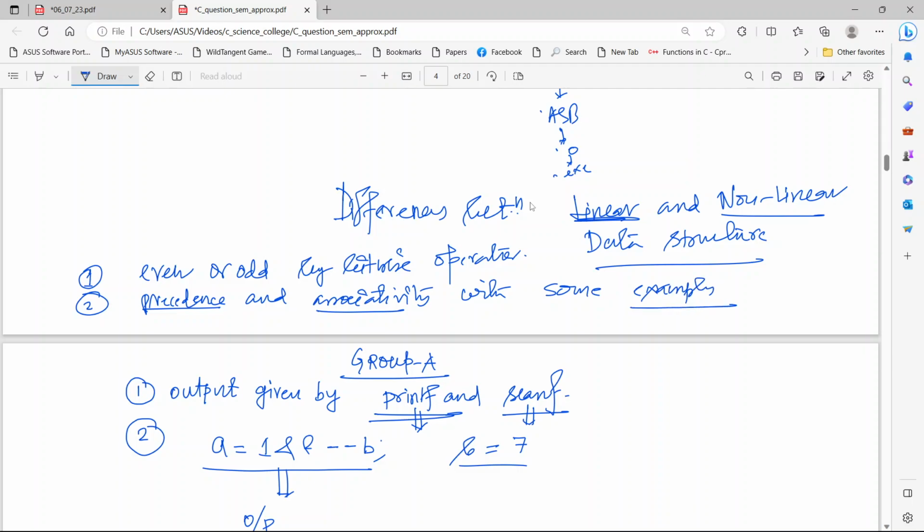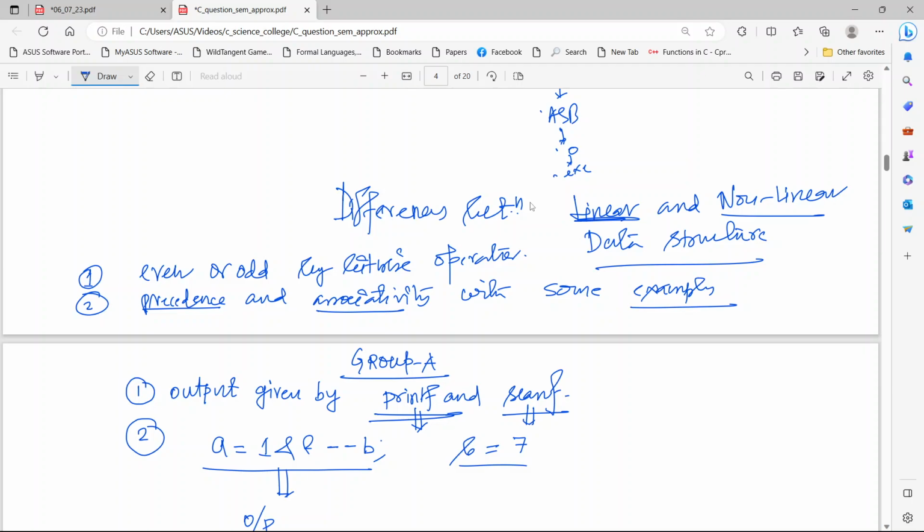I think these are the questions that you will face in the semester exam. In the first part, you have to answer 5 questions from group A. Each question will carry 2 marks. In group B, you have to answer 6 questions.